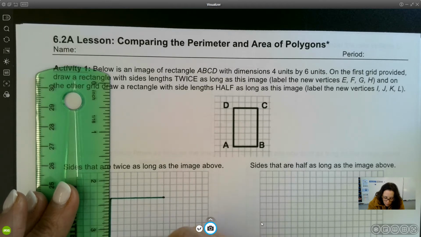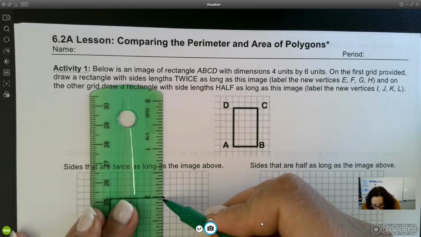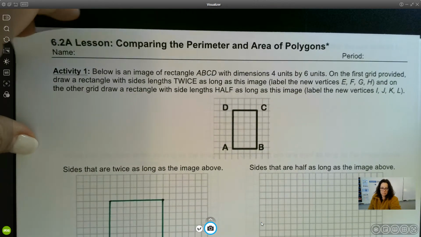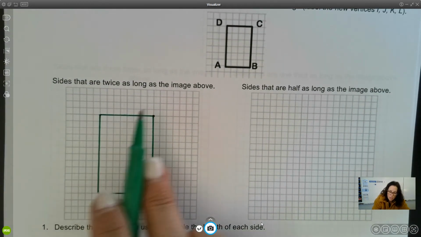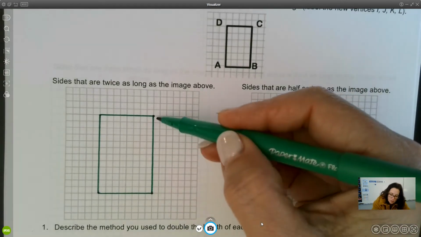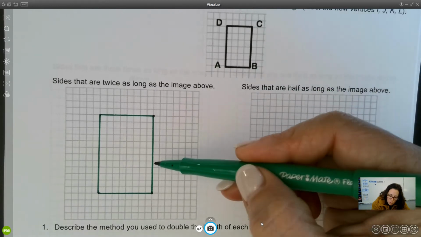I'll scooch it up in one sec, guys. I'm just getting it jotted down. All right, so this distance right here went from 4 to 8, and this distance right here went from 6 to 12.